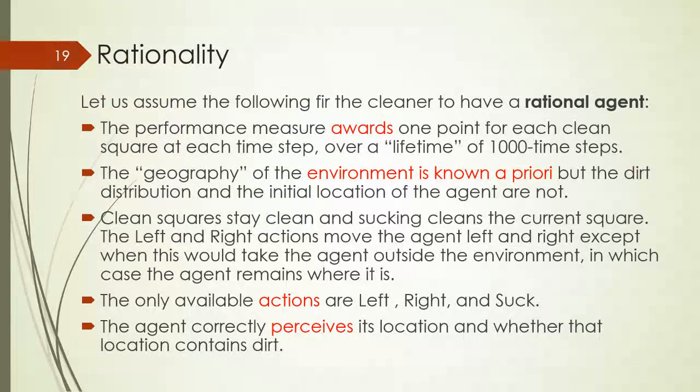But the dirt distribution and the initial location of the agent are not known. Another point: how much information our agent knows about the environment, and how much it doesn't. So for example, we didn't say that the agent is initially at square A or B, or which squares are clean or dirty.